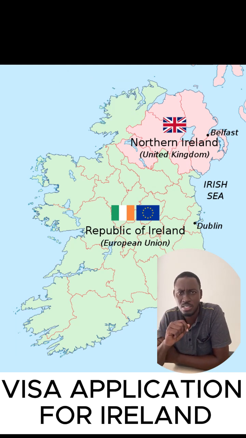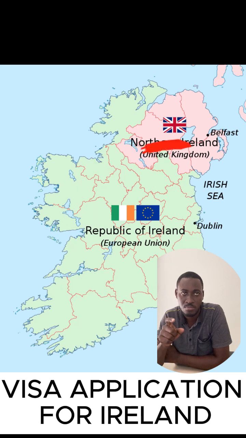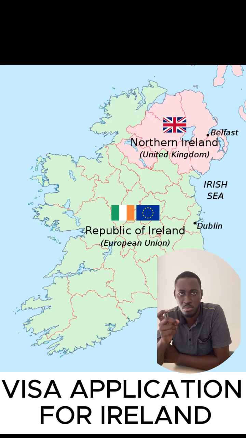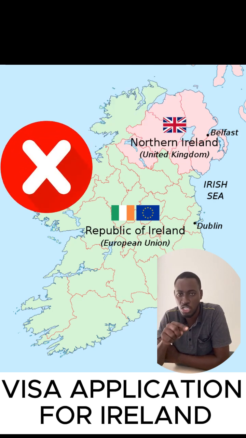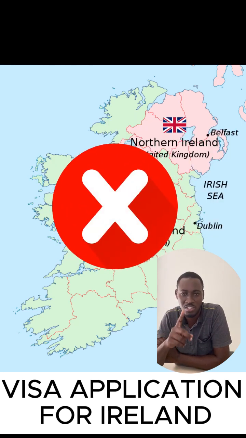Now, I was going to Dublin, so I was more interested in the southern part of Ireland, which is the Republic of Ireland. It's part of the EU, which means it has the same modalities as any other country like France and Germany, but it is not a Schengen country. Because it's not a Schengen country, a Schengen visa cannot allow you to visit the southern part of Ireland, which is the Republic of Ireland.